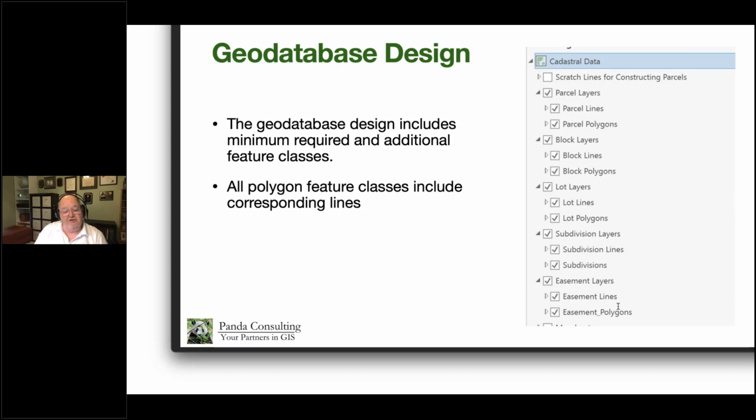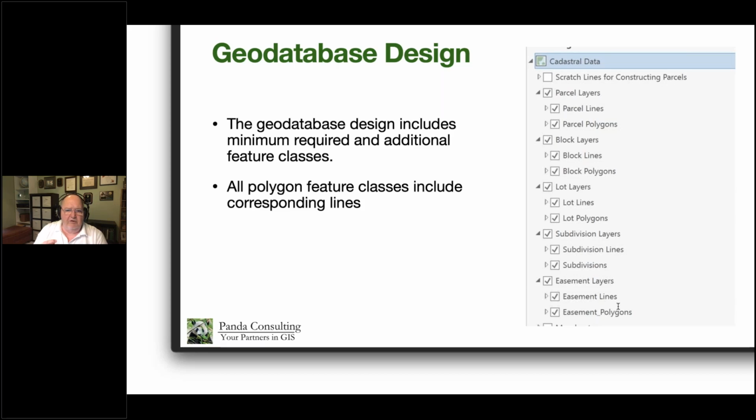So one of the first suggestions is make sure that each of these polygon feature classes contains a corresponding line feature class. Now, I know that a lot of people have what we often refer to as a cartographic data model, where you'll have a bunch of polygons and then only one line feature class, and then you'll code those to create a map in which you'll code the section lines and the subdivision lines and the lot lines so that they're not corresponding.